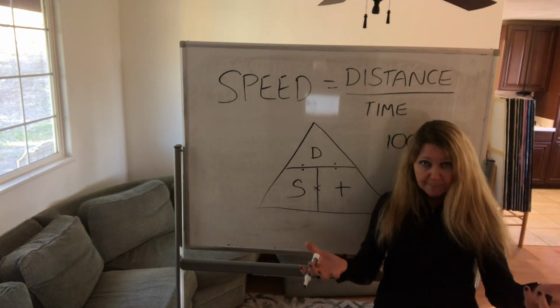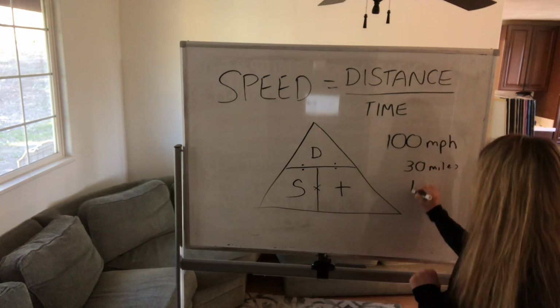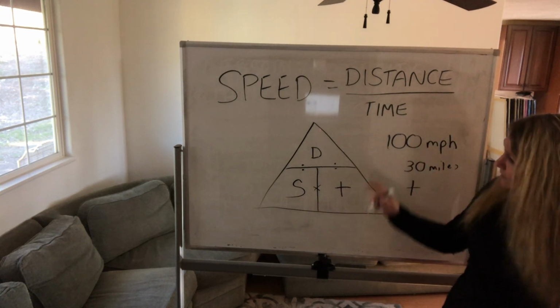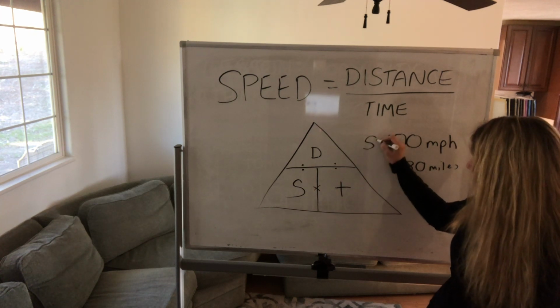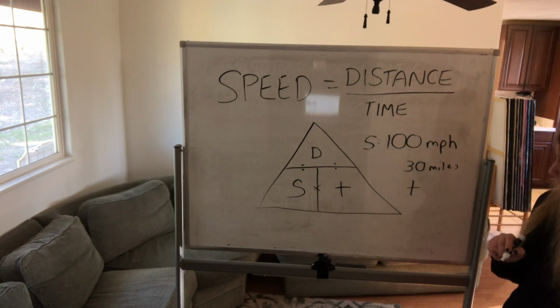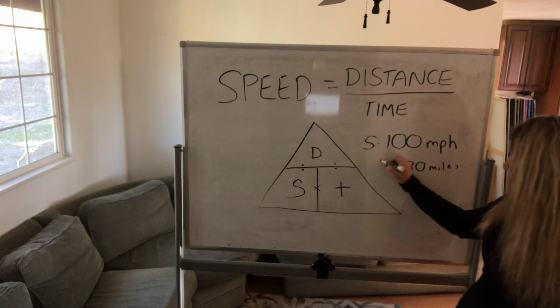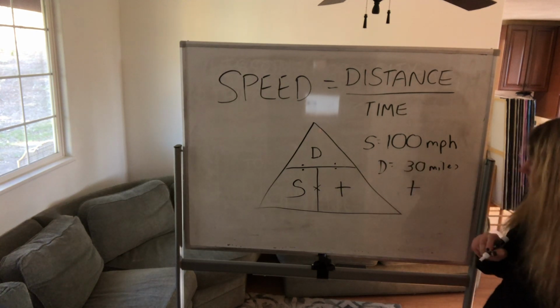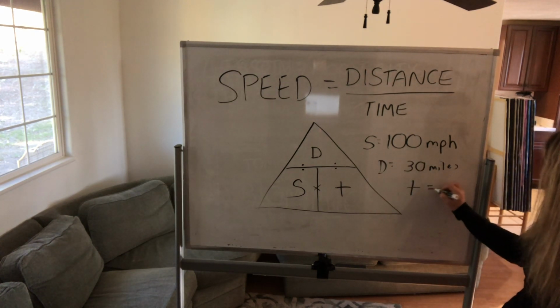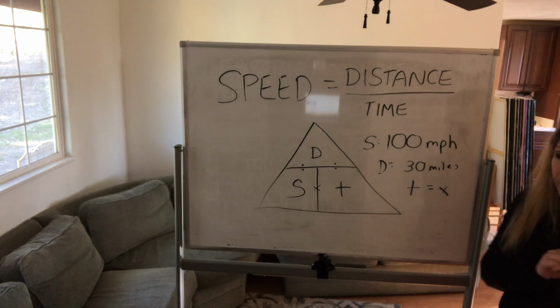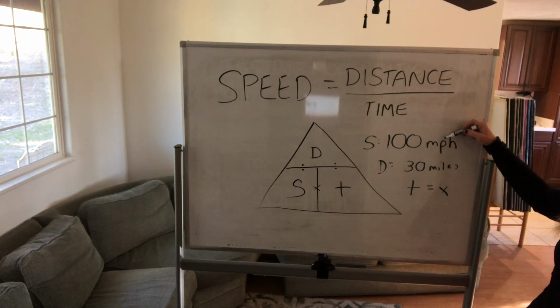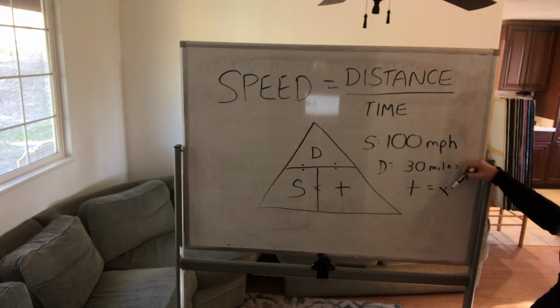So I want to figure out the time. So I'm looking for T. Our speed is 100 miles per hour, the distance is 30 miles. The time, we don't know, so that's our X, that's our unknown. So we're given the speed, we're given the distance, and we want to figure out time.